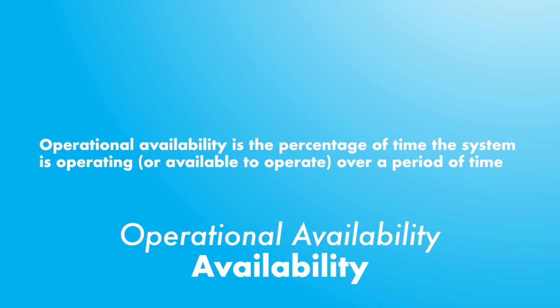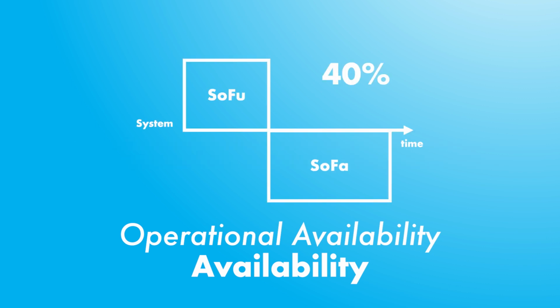Operational availability is a measure of the real average availability of a system over a period of time. We designate it real because this is the availability that we actually experience. For example, for an aircraft, this is the percentage of time the system was operating or was available to operate.